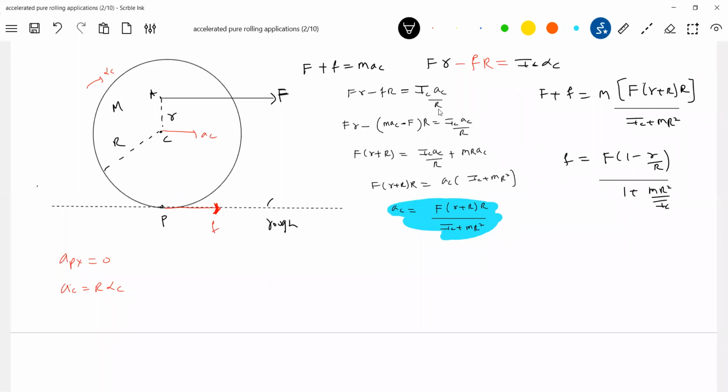Check it once. Please, somebody solve it first. Without solving, how do you say it is correct?